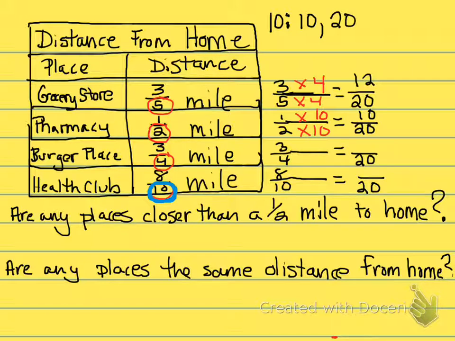To go from 4 to 20, I have to multiply by 5. Oops. I want that in red. Times 5, times 5. That's 15/20.